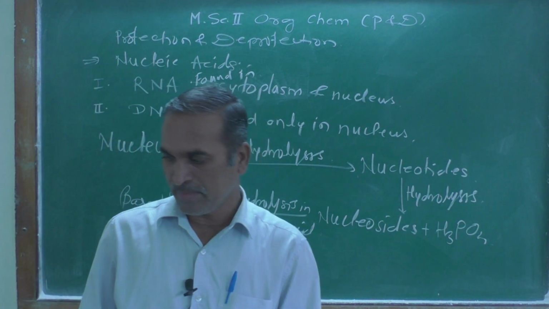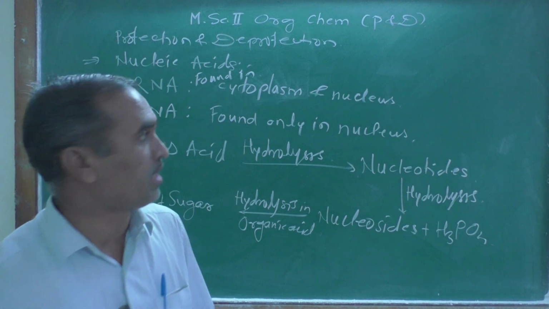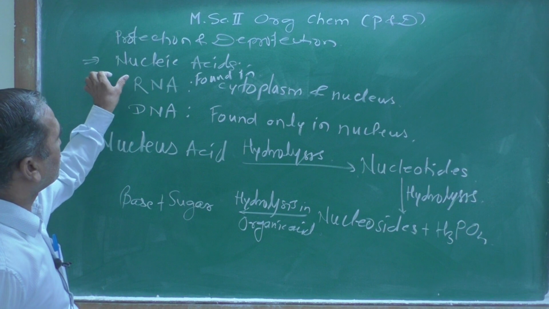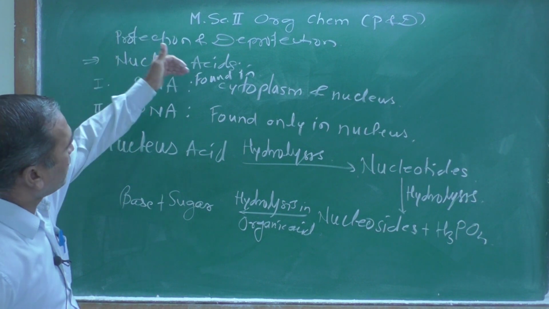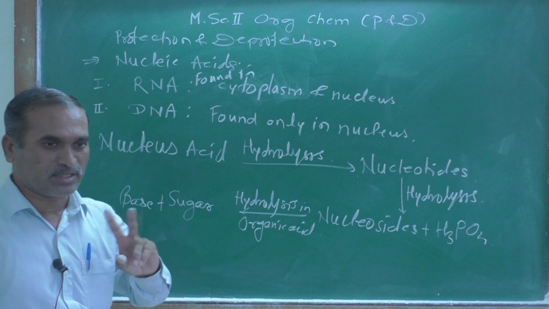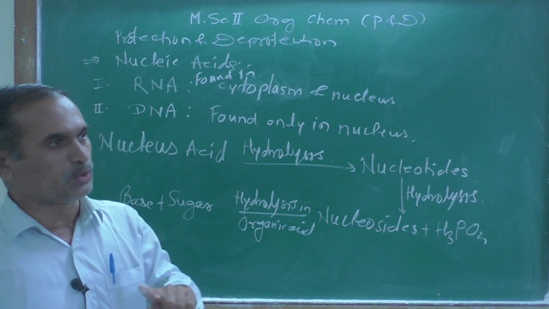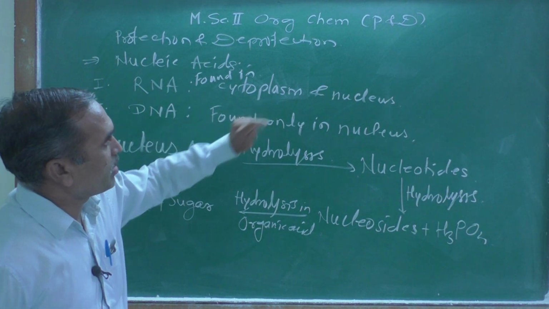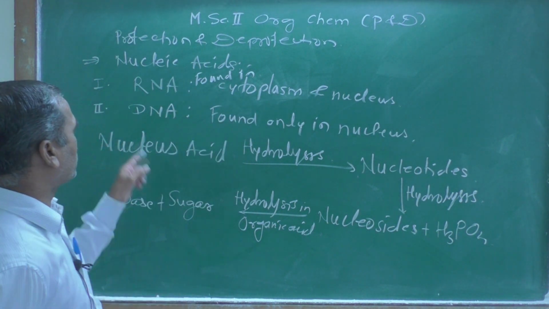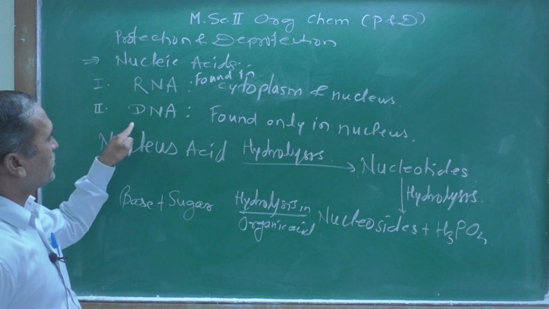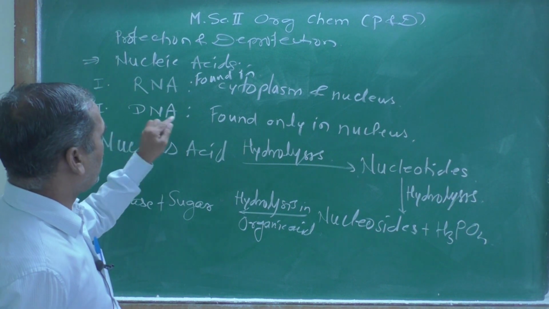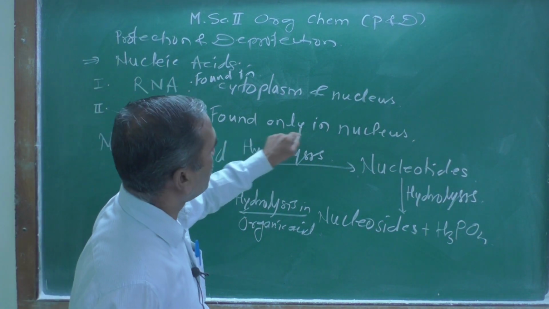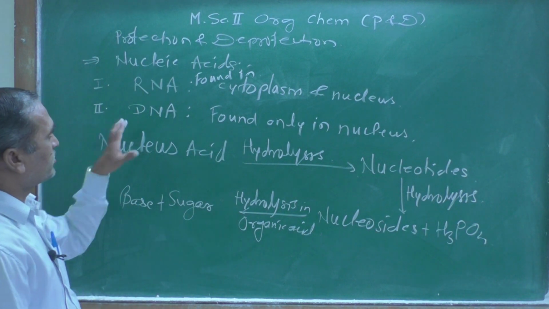So this is generally what is happening here. We have just seen that nucleic acid is further divided into two types. One is RNA, which is found in cytoplasm and the nucleus, and the second type is DNA, which is found only in the nucleus.